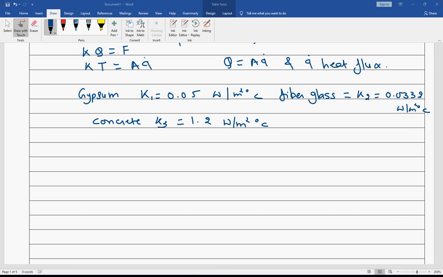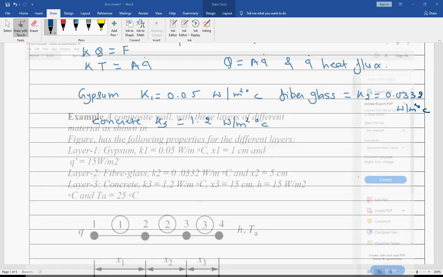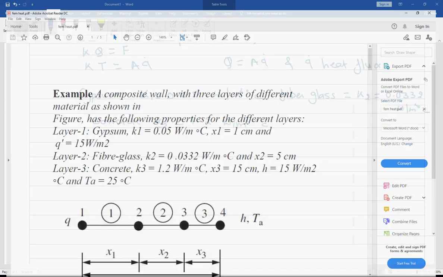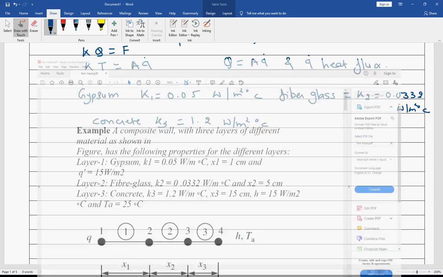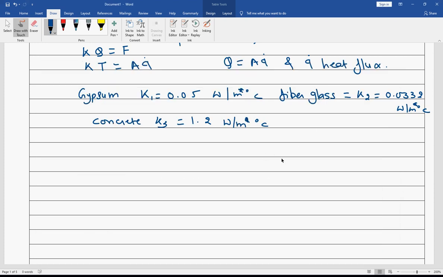Sorry, it's watts per meter only, I'm not from a heat transfer background. So watts per meter per degree Celsius. There is a wall, a composite wall.